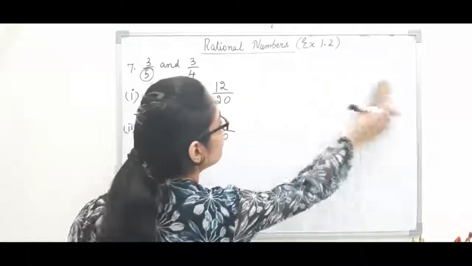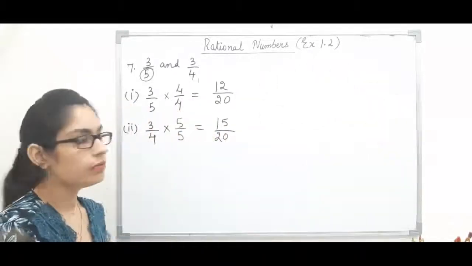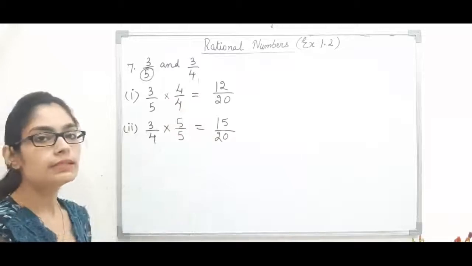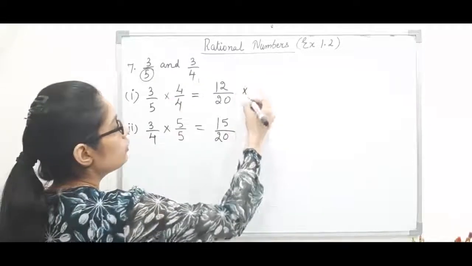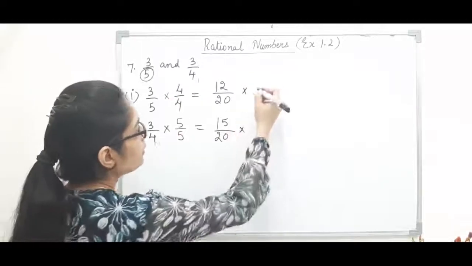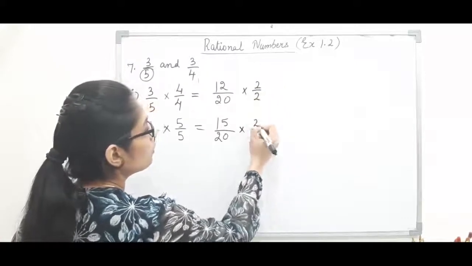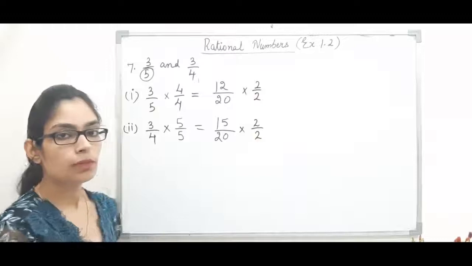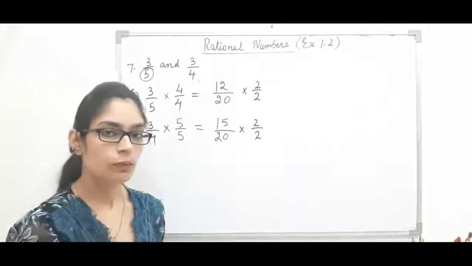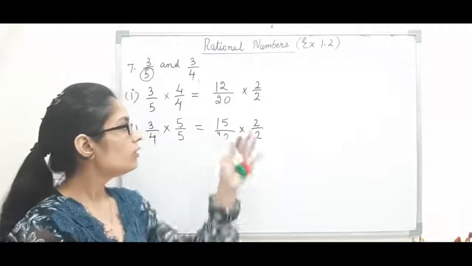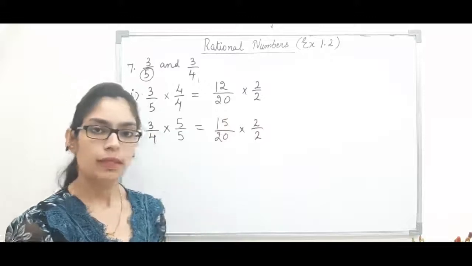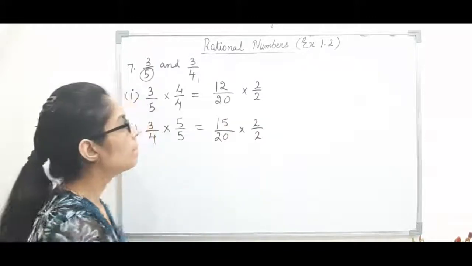We will further multiply and divide both these numbers with the same number. Let's multiply with 2. You can multiply and divide both the numbers with any number, 2, 3, 4. It's your wish. I want to choose 2 because its multiplication will also be easy.